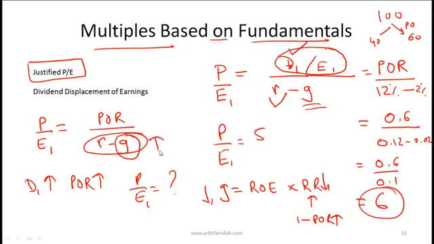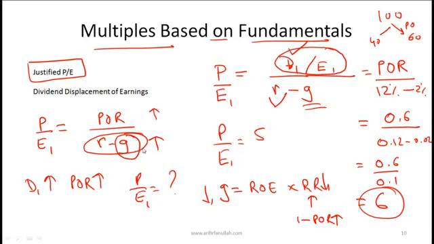If the denominator is going up, then because of this, the PE ratio is coming down. The point here is that just because the dividend is going up doesn't necessarily mean the PE is going up, because both our numerator as well as our denominator are going up.